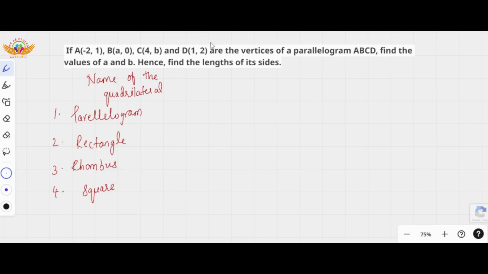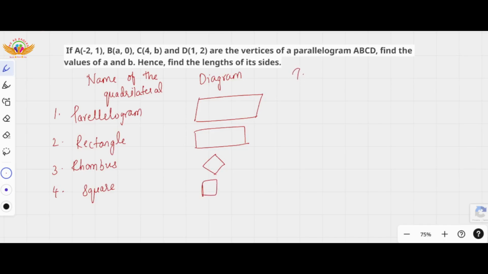And here I'll draw the diagram of this. Parallelogram looks like this. The lines will be parallel, and rectangle, you know, the opposite sides are equal, and rhombus will be like a diamond shape, and square, you know, all 4 sides are equal.